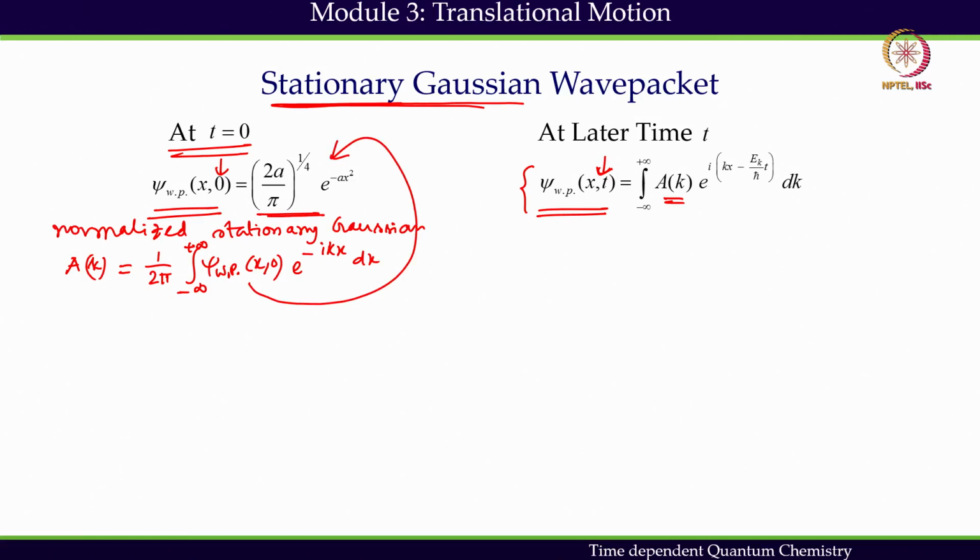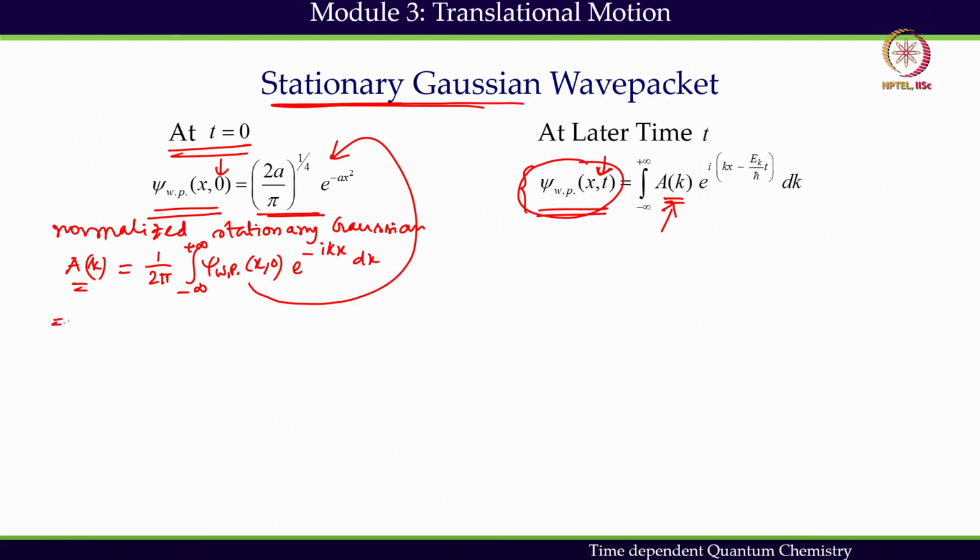I have to find out A(k), then plug that in here. I will get the analytical form of the wave packet and the time evolution, how the particle is evolving, its shape is changing, where it is going. Let us get this integration done first.